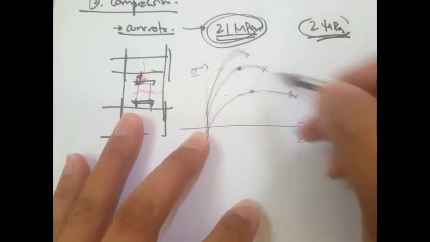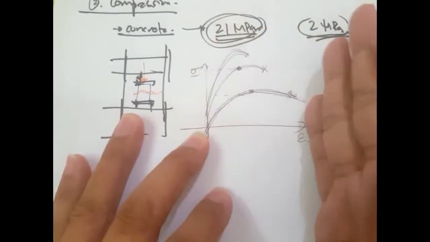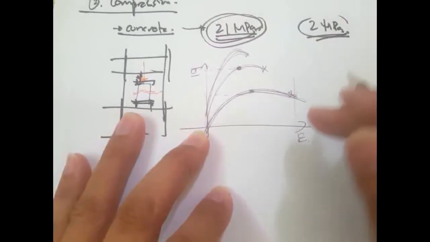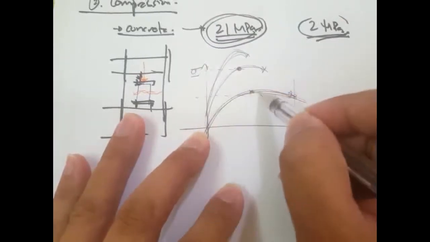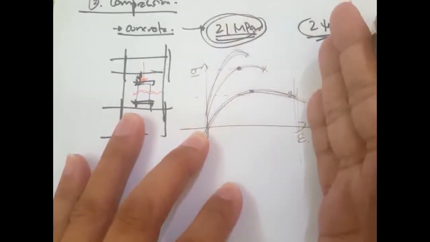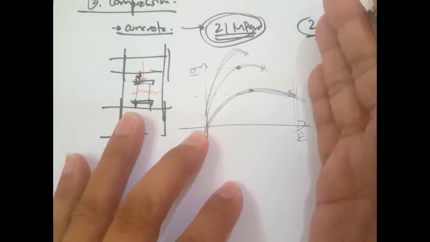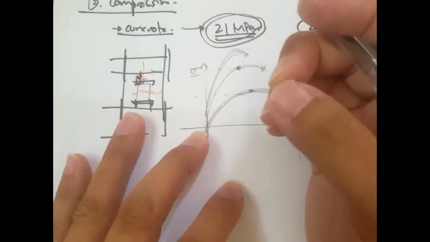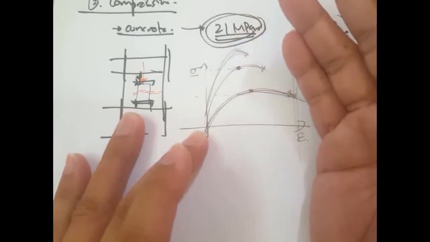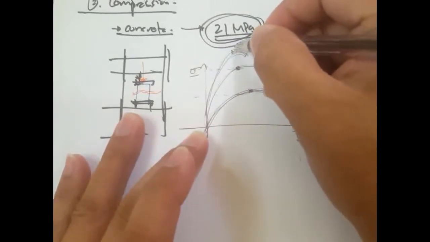It just means that if you have curves like this that have more strains, it has lower capacity or lower strength, but it can accommodate more strains, and that means it has more ductile behavior than high strength concretes like this.